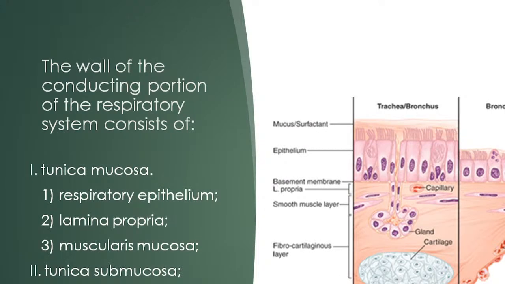And now we will look at the structure of the wall of the conducting portion of the respiratory system. We can say that it has a general wall structure and it contains four principal layers.